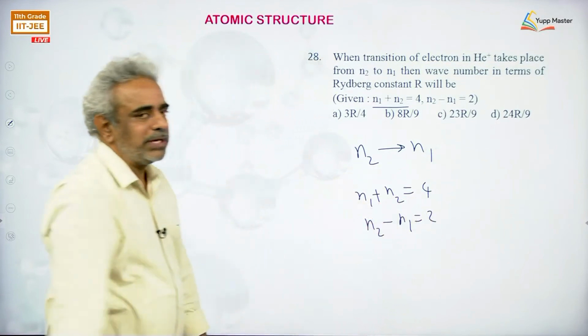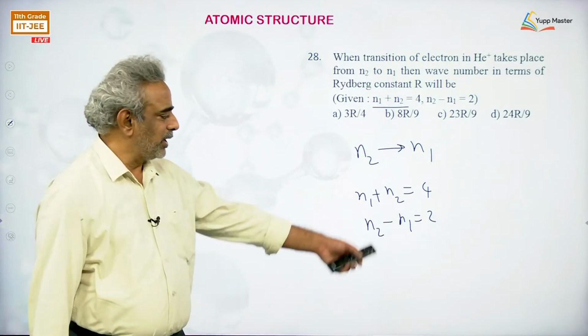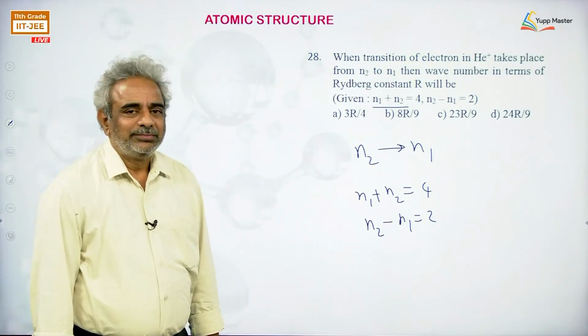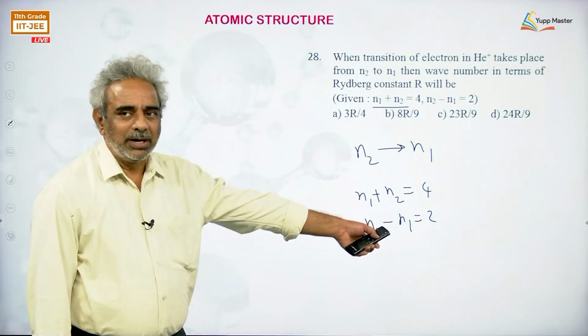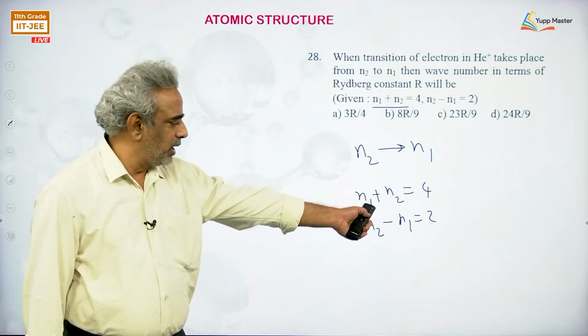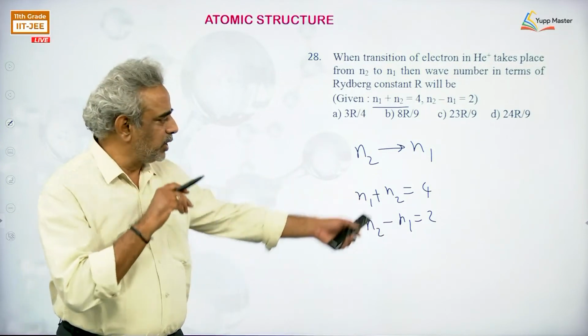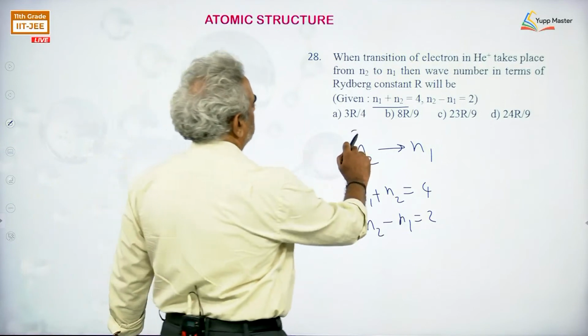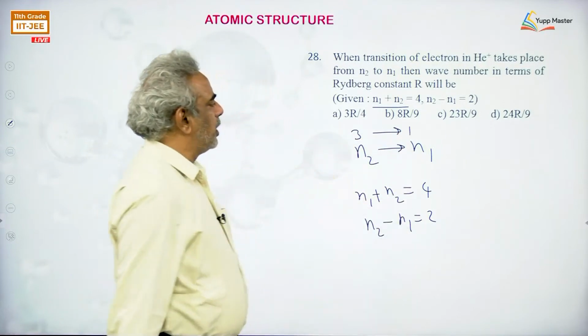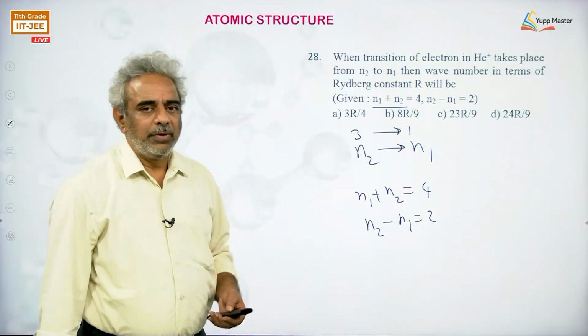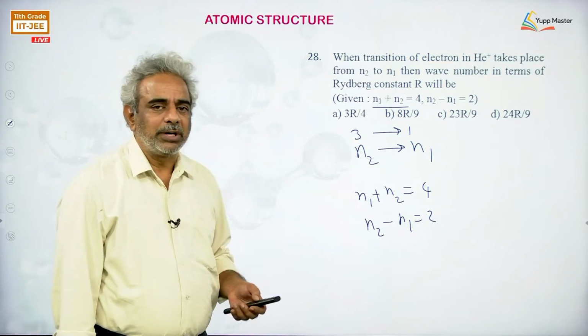From this, what can you easily make out? N2 is 3 and N1 is 1. So, it is a 3 to 1 transition. For the 3 to 1 transition, he is asking the wave number. Use the Rydberg equation and get the wave number.